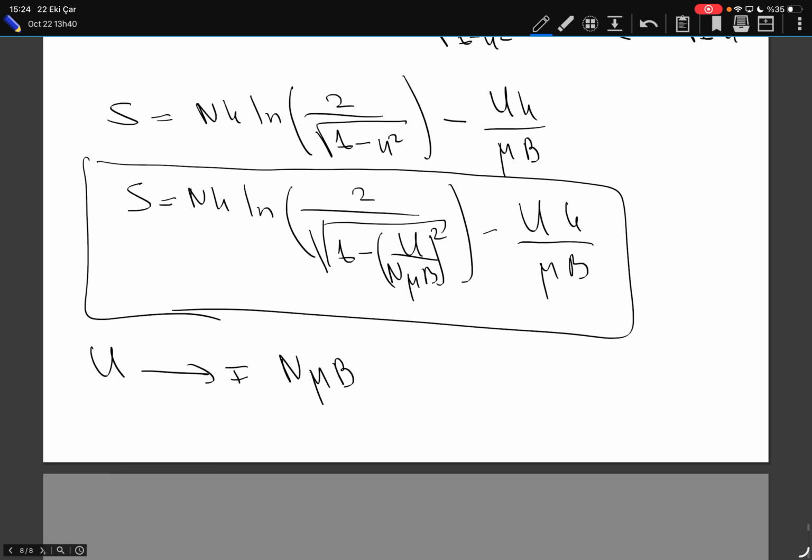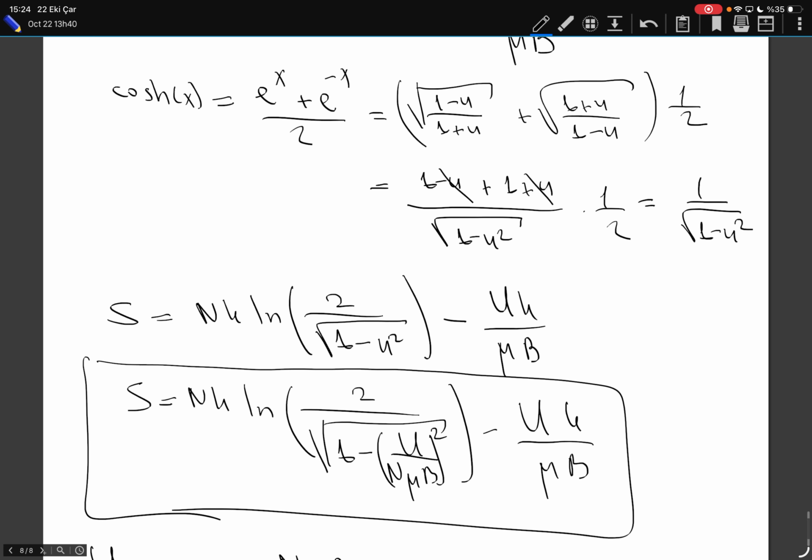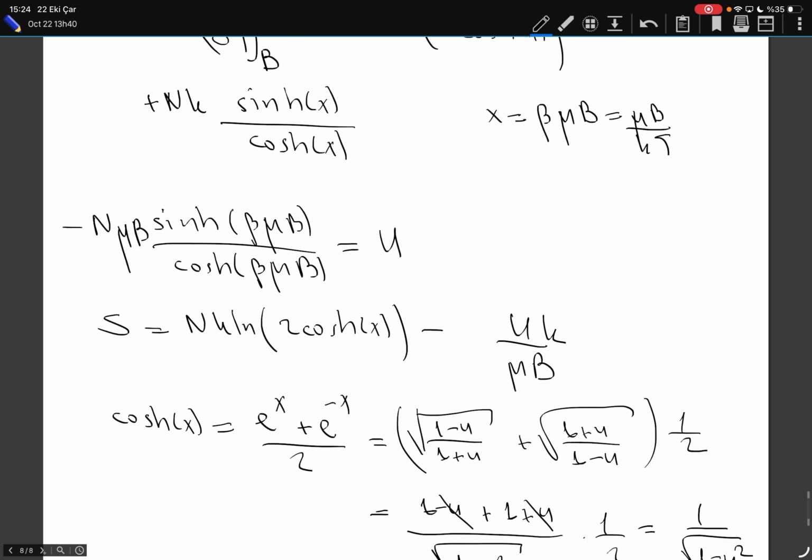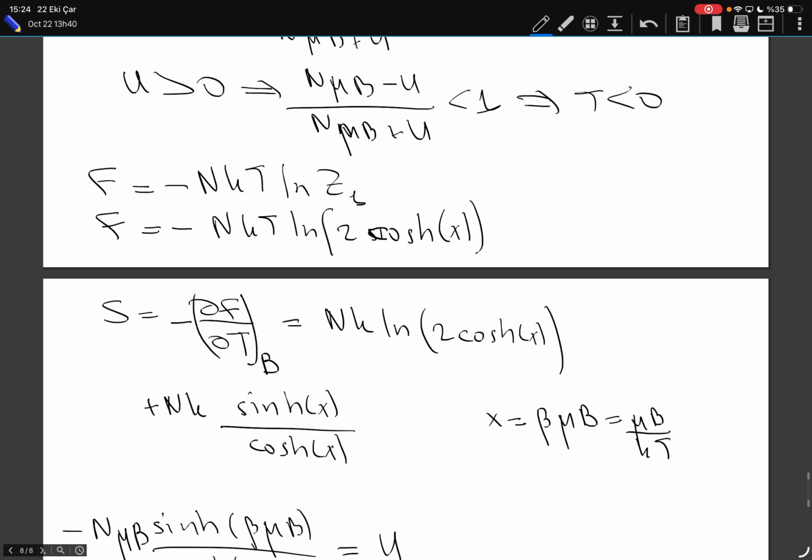If that square root goes to 0, that fraction goes to infinity. And then I have the logarithm of infinity. Well, there's a problem over here that we need to fix somehow. But at least I kind of obtained what I was looking for. When that square root goes to 0, well, there should be a minus sign somewhere. Did I miss the minus sign? Let's see.